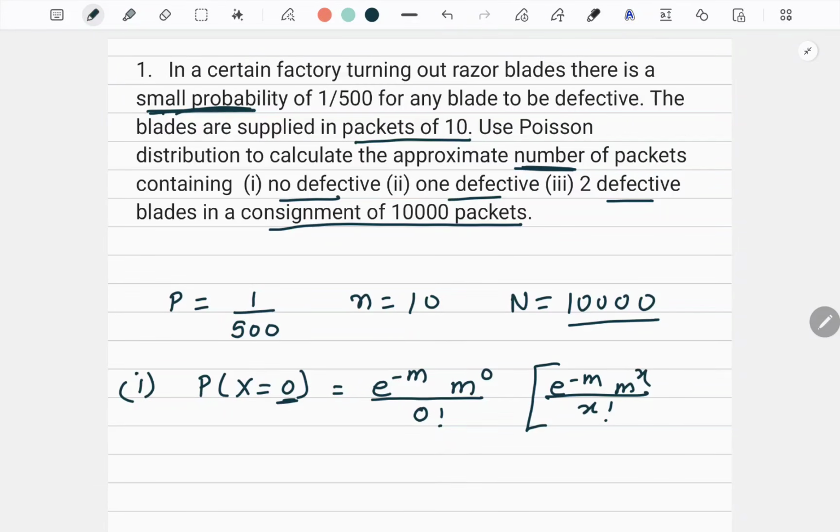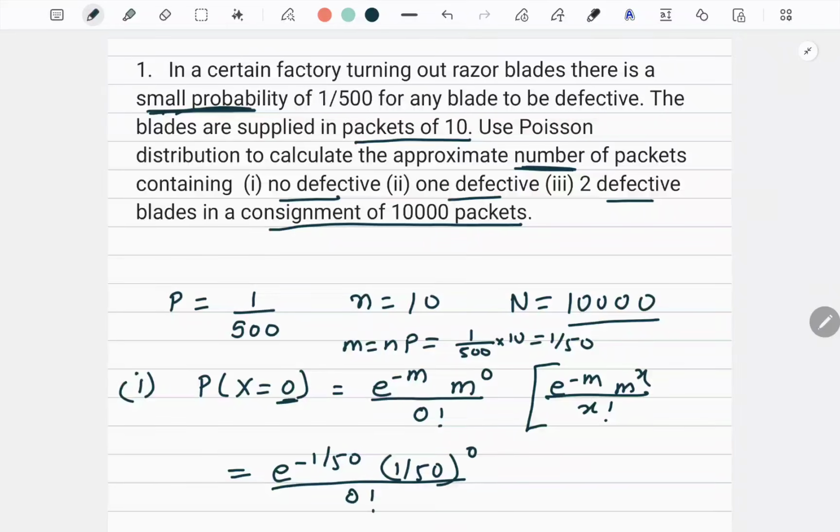And what is the m value? Here you should calculate m. m is equal to np, so it is 1 upon 500 into 10, that is equal to 1 by 50. So the probability will be e to the power minus 1 by 50, and 1 by 50 to the power 0 is obviously 1, and 0 factorial is also 1. So my answer is e to the power minus 1 by 50.